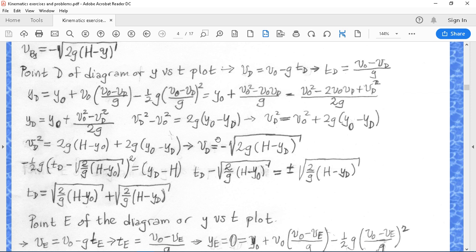Now replacing both the expressions, the one for V0 and this for Vd, in this expression here, we get that Td equals the square root of 2 over g times the difference h minus y0 plus the square root of 2 over g times the difference of h minus yd.